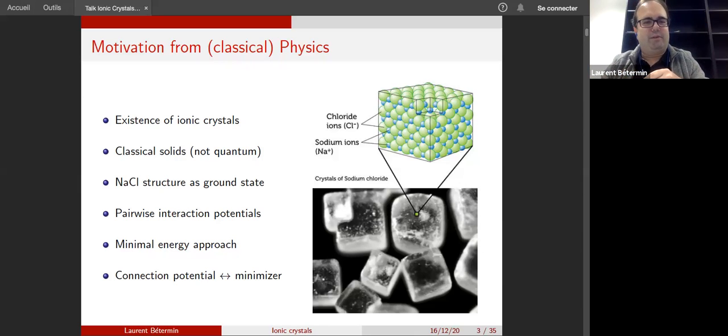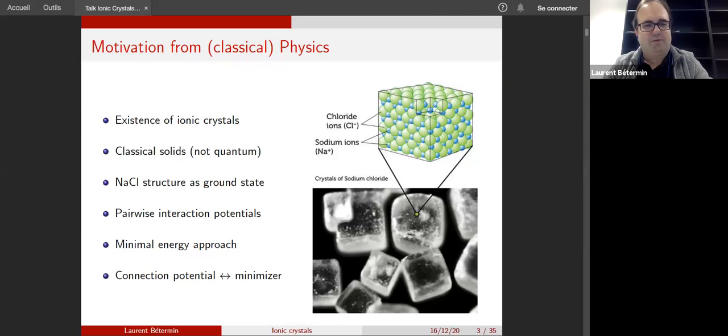In particular, I would like to speak about the rock salt, so this sodium chloride structure, as a ground state of some energy. Here you have a nice picture of the sodium chloride structure, with this alternation of blue and green ions, chloride and sodium, and that's exactly the zoom of what you see here on a grain of salt.